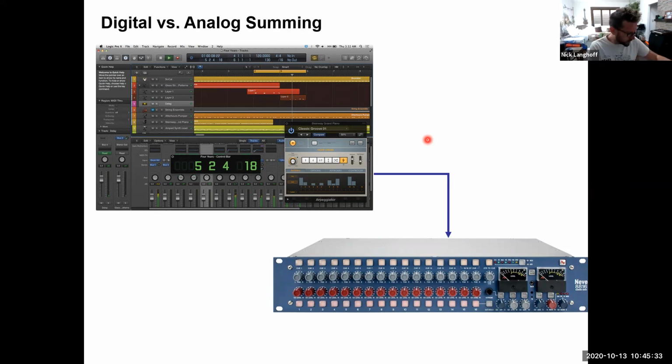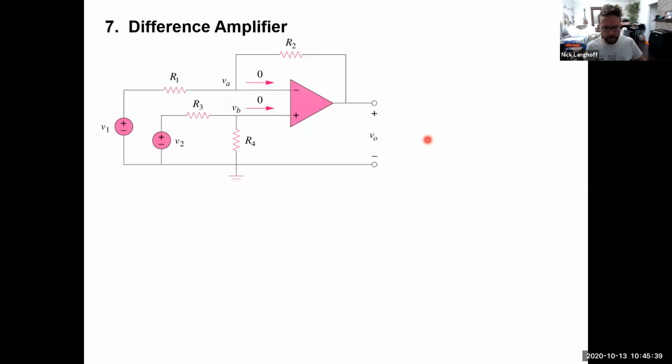So what I'd like to do in our last couple of moments is discuss the difference amplifier. Okay, so the difference amplifier is shown here, and we're going to solve what this circuit does first by the golden rules.